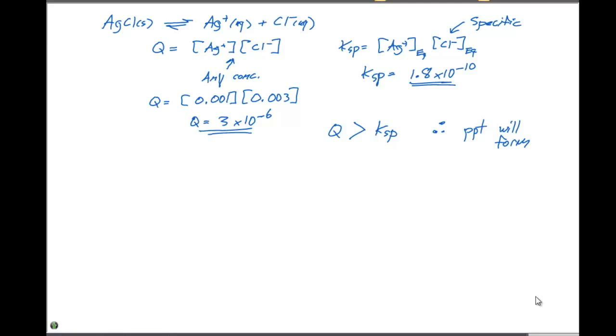Okay? So be careful about which solutions you're adding together and what the concentrations are. Because if you're asked to add 12 molar HCl and you add 1 molar HCl, you're not going to get the same result. So be very careful when you're reading the labels on your various chemicals.